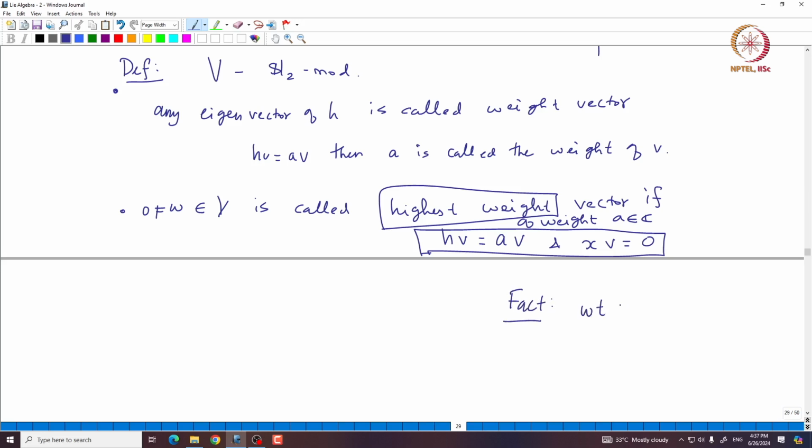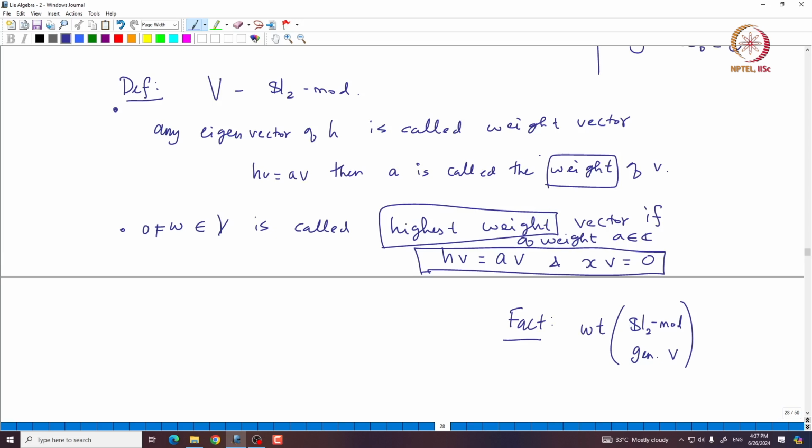So, the weight of this sl2 module generated by V, because I have already defined weight. What is weight? If I take an H eigenvector, the corresponding eigenvalue will be called weight.